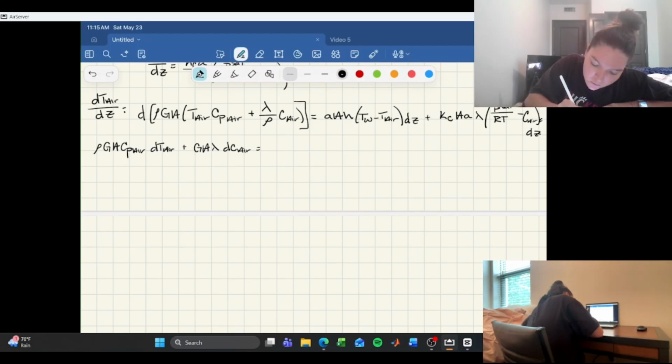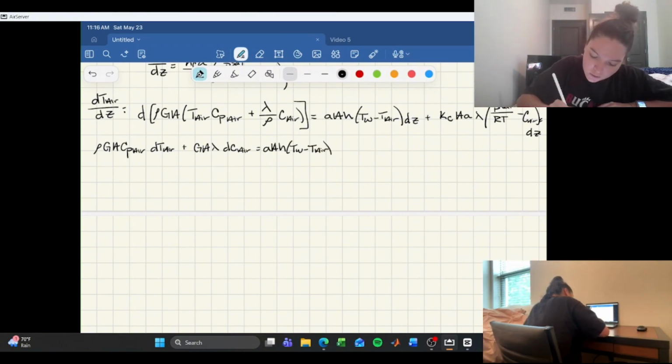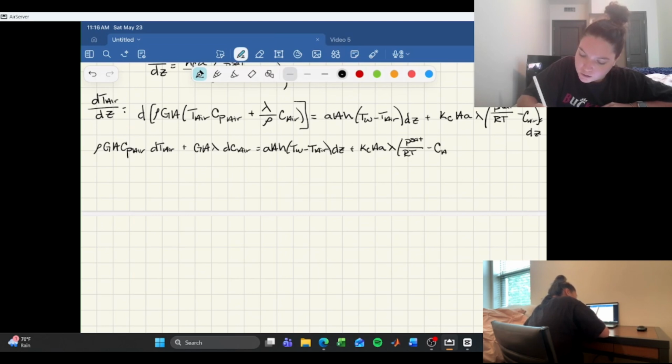So we're going to have the packing times the area times the heat transfer coefficient times the temperature of water minus the temperature of air times dz plus the mass transfer coefficient times the area times packing times the enthalpy of vaporization times the saturated pressure of the water over the gas constant times temperature minus the concentration of water vapor in the air times dz.